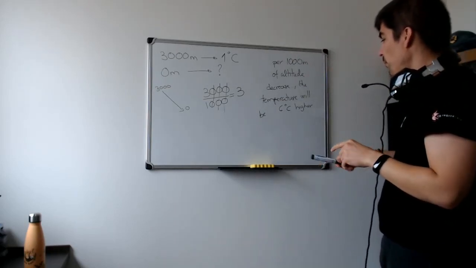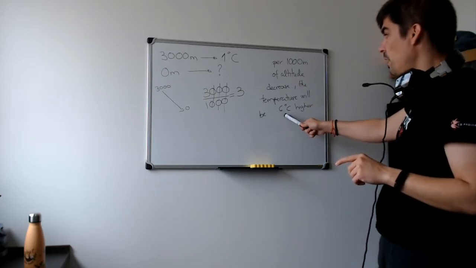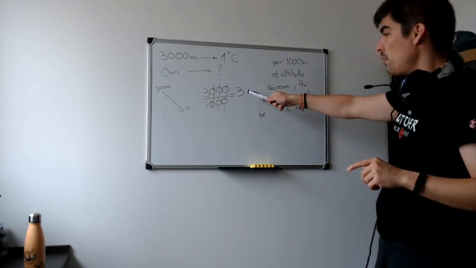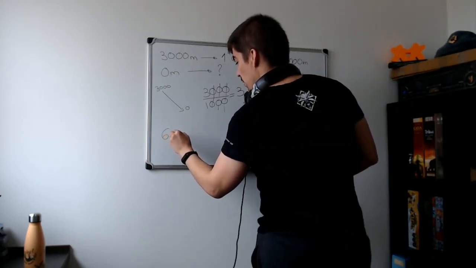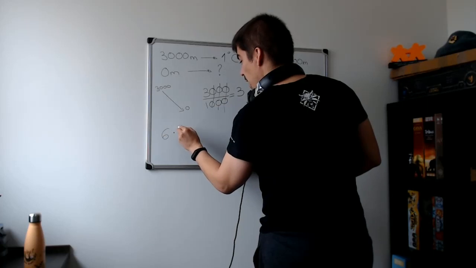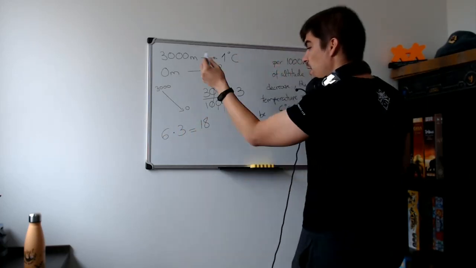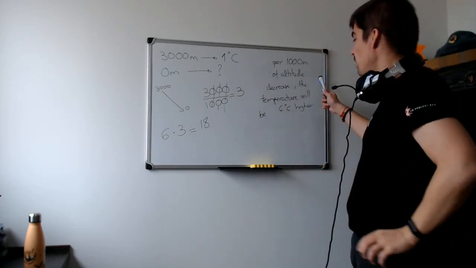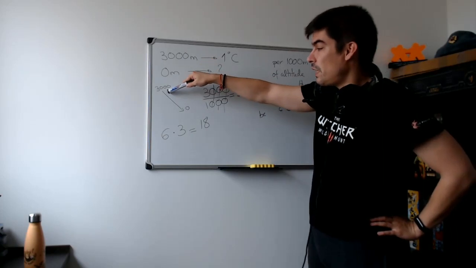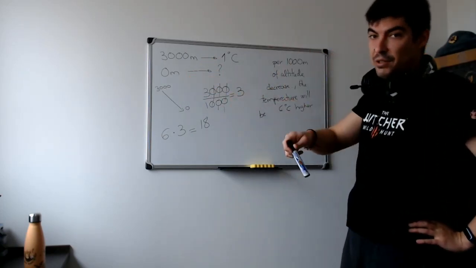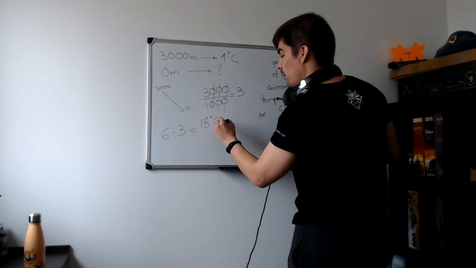So if we know that the ratio, the thermal gradient, is 6 degrees per 1000 meters, we have to multiply now 6 multiplied by 3, which is 18. So the difference in the increase of temperature in a trip of 3000 meters in altitude will be 18 degrees Celsius.